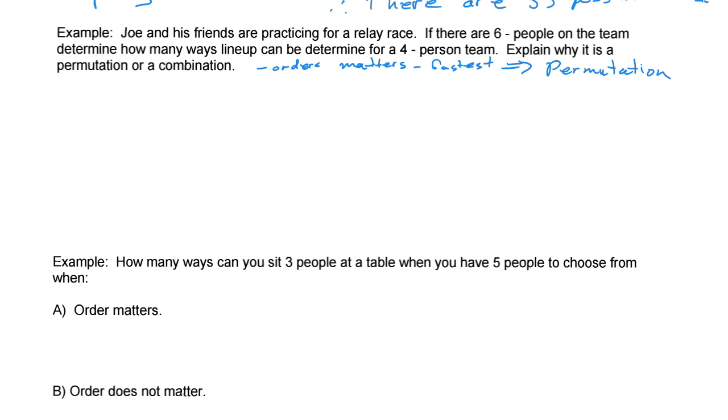So now n is 6 because there are a total of 6 people and we need 4 of them. So r is 4. Now let's do the calculation. We're going to have P of 6 and 4. Punch that in your calculator and you're going to get 360. Now, some of you have this and you're having difficulty with it.